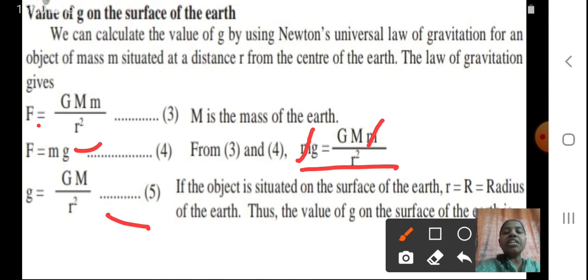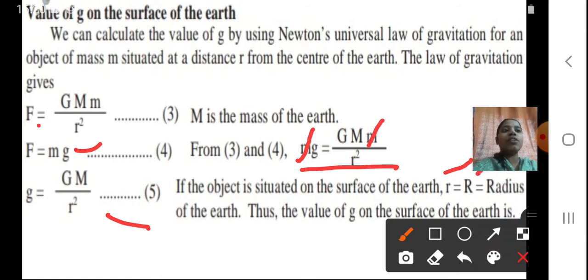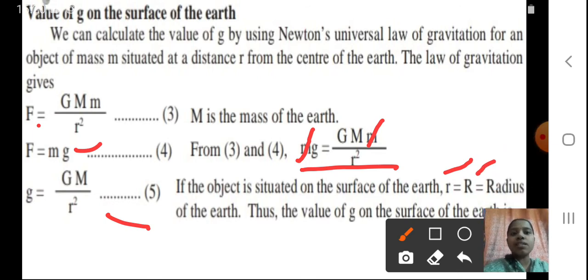Equation 5: g is equal to G M upon r square. If the object is situated on the surface of the earth, small r will be equal to capital R, that is the radius of the earth. Thus we will see the value of g on the surface of the earth. I hope till this part it is clear to you.